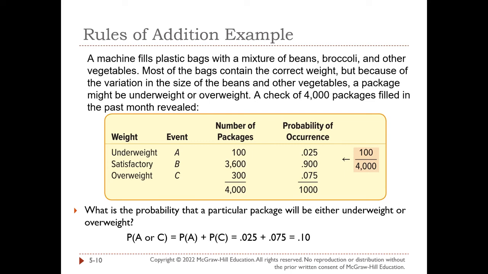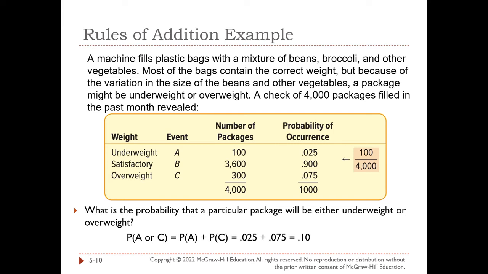Event A is where the package is underweight. The number of packages happens to be 100. So, the probability of that occurring is about 2.5%, basically taking the number of packages that were underweight and dividing by the total. This is where we get those probabilities of occurrence.